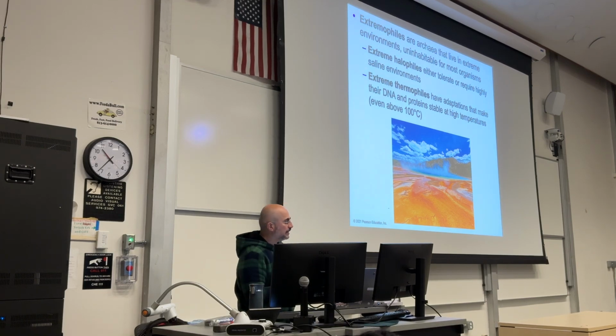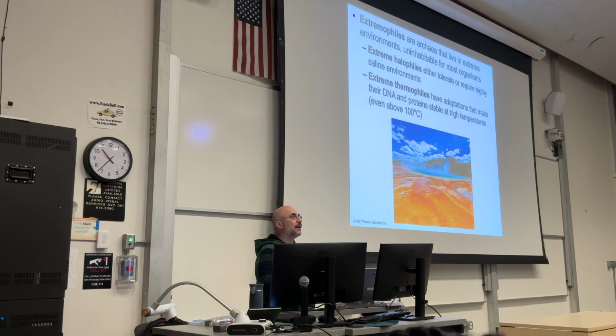So we have the halophiles, meaning they can survive in extreme salty environments. The other ones, thermophiles. Those are the most famous ones, right? So those that are able to survive in extreme high temperature conditions.